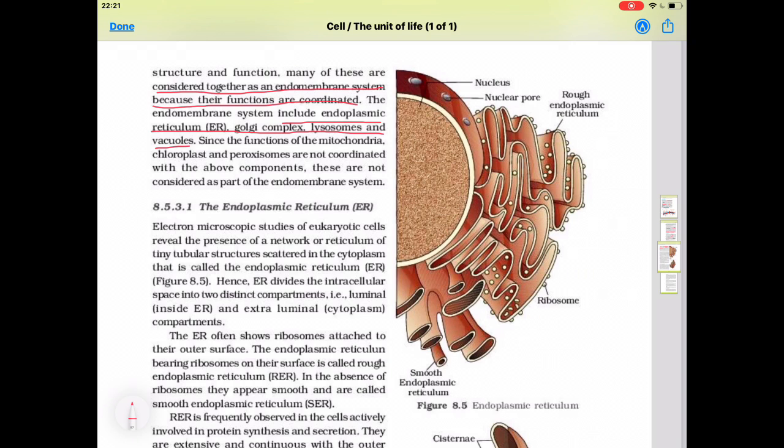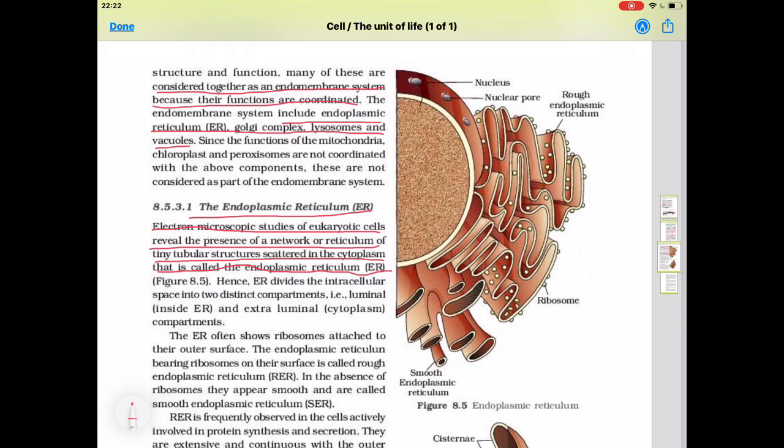Next is endoplasmic reticulum. Electron microscope studies of eukaryotic cells reveal the presence of a network of tiny tubule structures in the cytoplasm, that is known as endoplasmic reticulum.